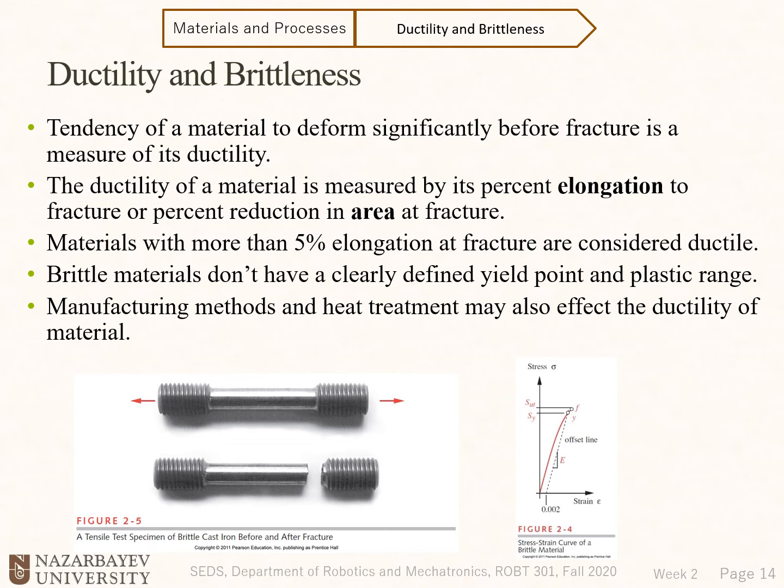If you have a very small plastic region, it means that the material is less ductile or is brittle. The ductility of a material is measured by its percent elongation to fracture or percent reduction in area at fracture.